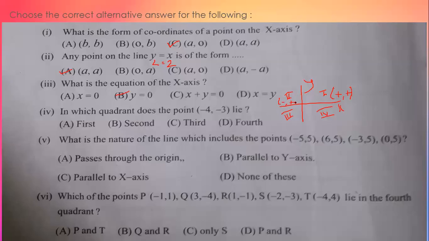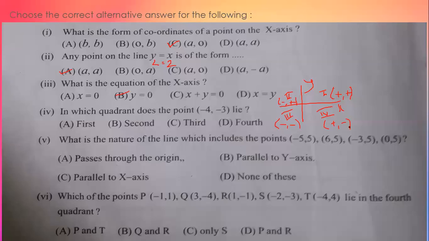It means the x coordinate here is negative and the y coordinate is positive. The third quadrant has sign minus minus. Both the coordinates of the third quadrant are negative. The fourth quadrant has sign plus minus.